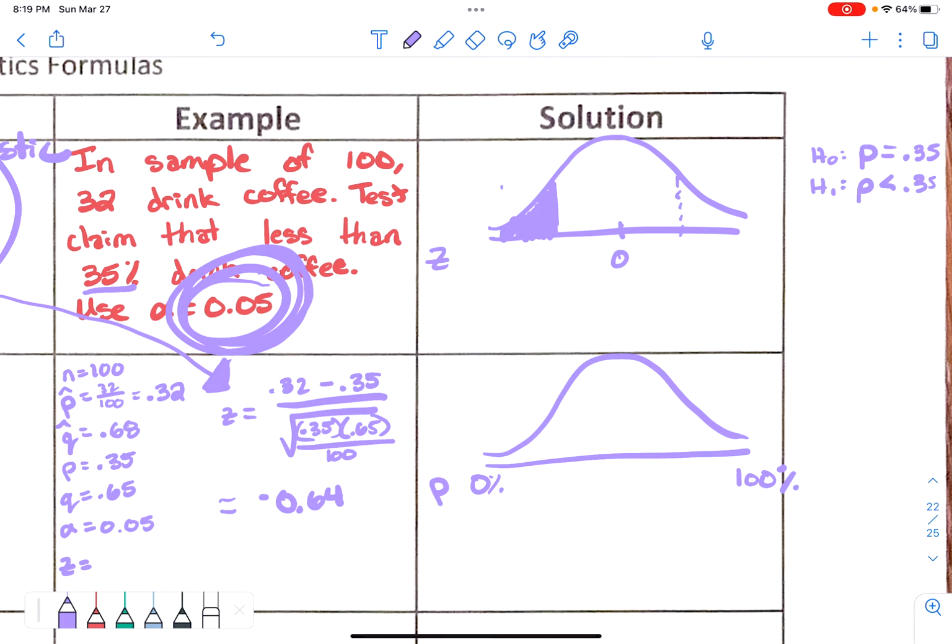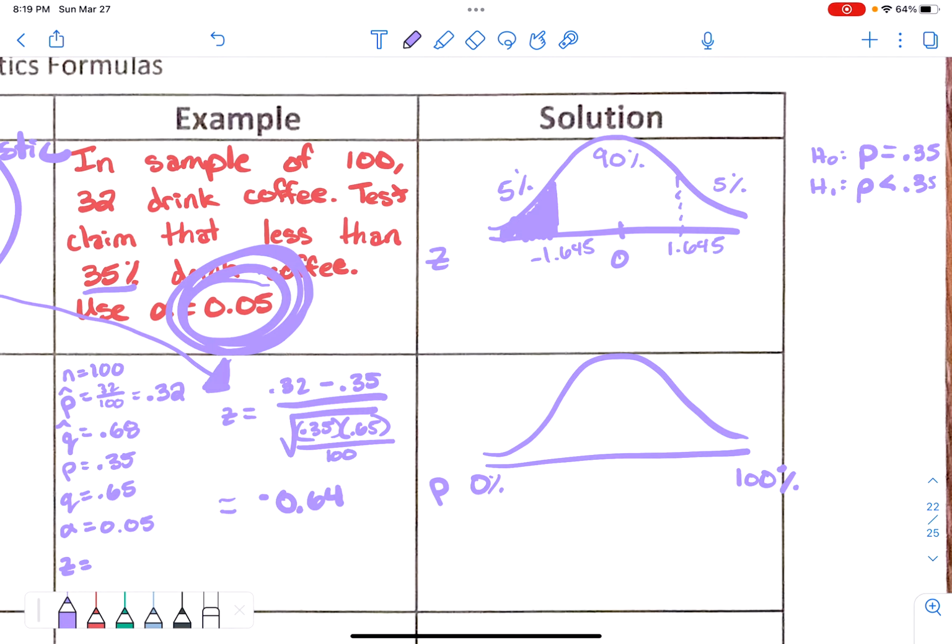That means all 5% is going here, and I have an imaginary 5%. And that is going to be 90% in the middle. 90%, I believe, is 1.645. So we have negative 1.645 and a positive 1.645, I believe.